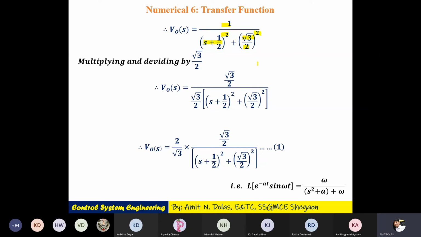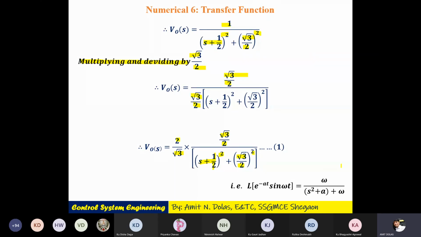You can use mathematical rules for this. For an adjustment, what form do we need to bring it to? Since we are working in the Laplace domain, the s domain, we need to bring it to a form such that we can take the inverse Laplace transform and get the proper output. So I will multiply and divide the complete term by root 3 by 2. Multiplying and dividing by root 3 by 2 doesn't change the transfer function. It will be 2 by root 3 into root 3 by 2 in bracket, over s plus 1 by 2 whole square plus root 3 by 2 whole square.